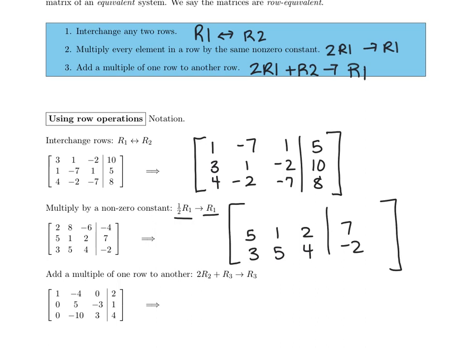Those are not changing at all. So we're going to multiply row 1 by 1/2, and then we're going to put those answers back in row 1. So 1/2 of 2 is 1, 1/2 of 8 is 4, 1/2 of -6 is -3, 1/2 of -4 is -2.